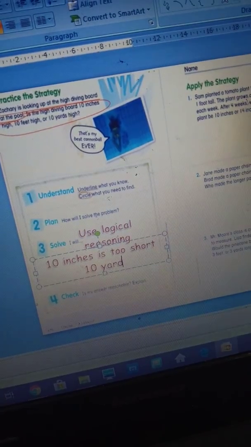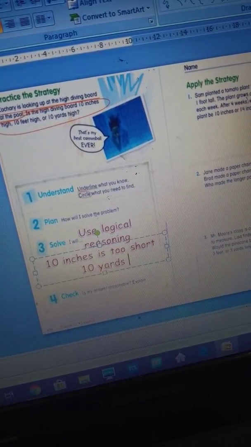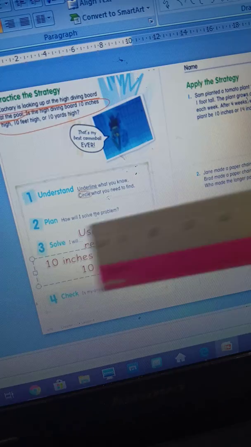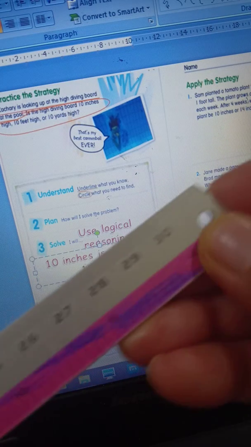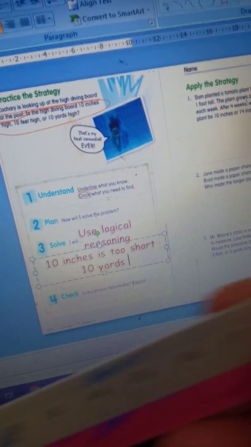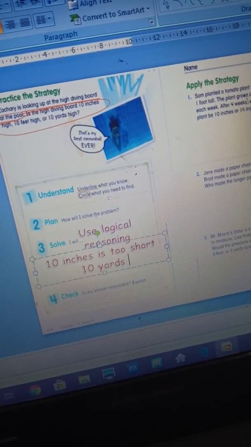Do you know the 10 yards? 10 yards means 1 yard is 3 rulers. So, 10 yards is 30 rulers. As small children like you, do you think the height of 30 pieces of this 12-inch ruler is the one we are looking for?